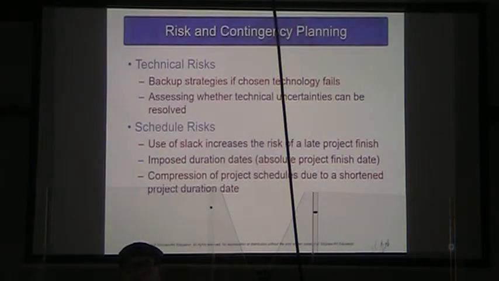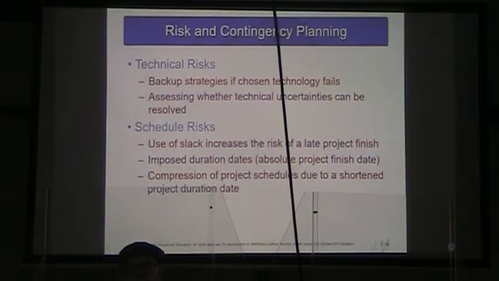Schedule risks, if we use our slack, that does increase the risk that we're going to have a late project finish. And we may have an imposed duration date. In other words, the project absolutely, positively has to be done at such and such a time.